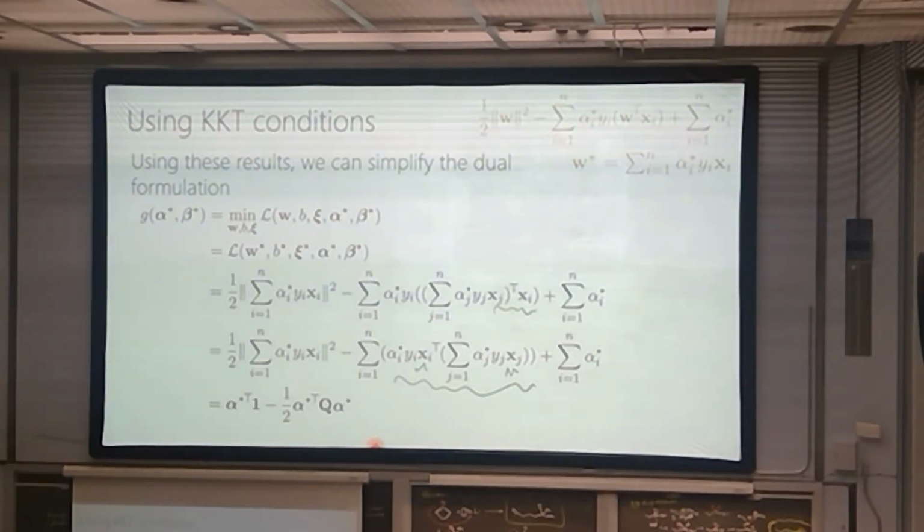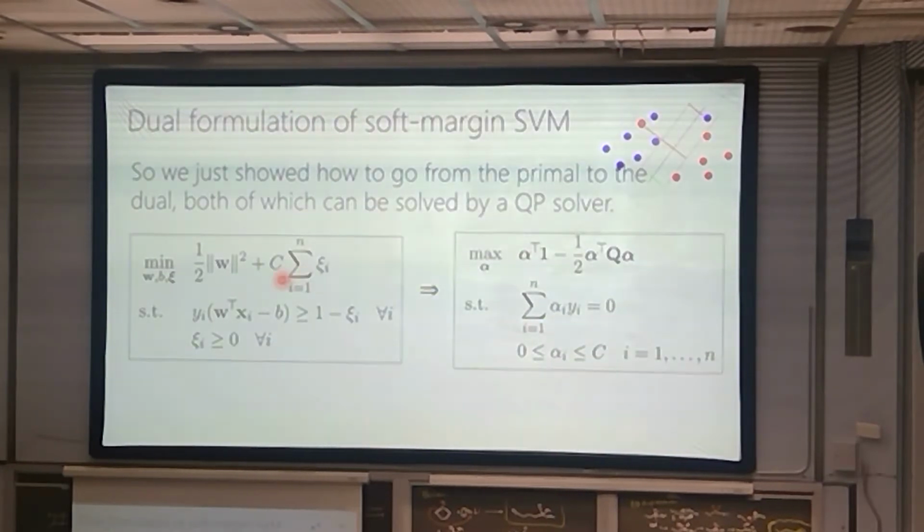Is the logic clear? Okay. So just in summary, we went from here to here using a bunch of stuff from EE 127. Okay, so good. Now next we're going to do two things.